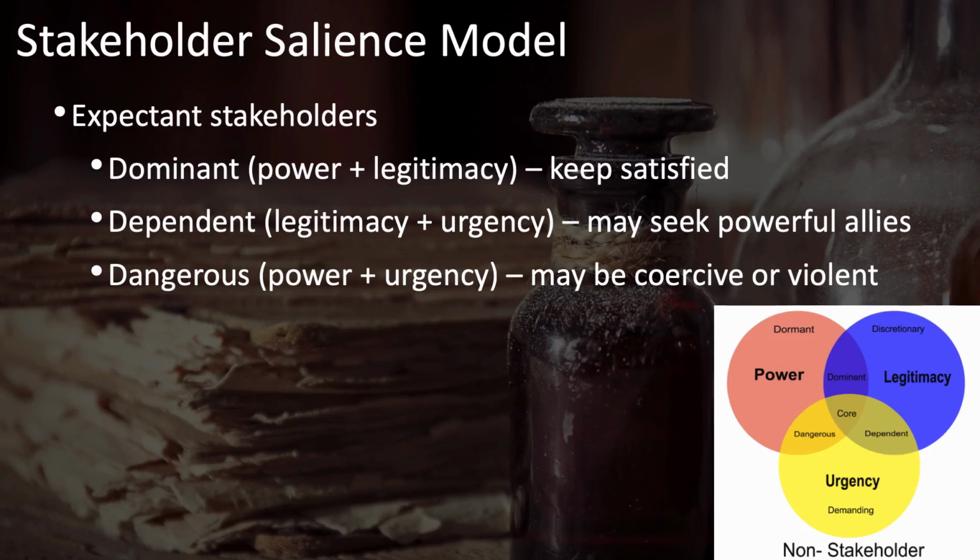They have urgency and legitimacy, but may not yet have the power to really impact your project, but they will likely gain it. These are stakeholders that are dependent on finding power among other key stakeholders.